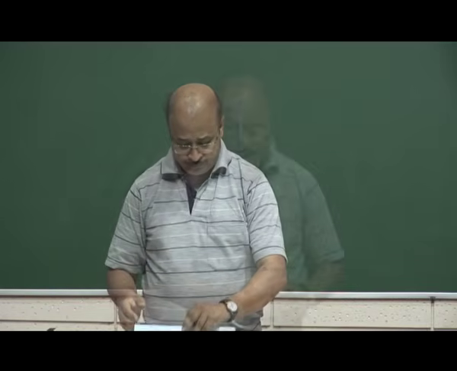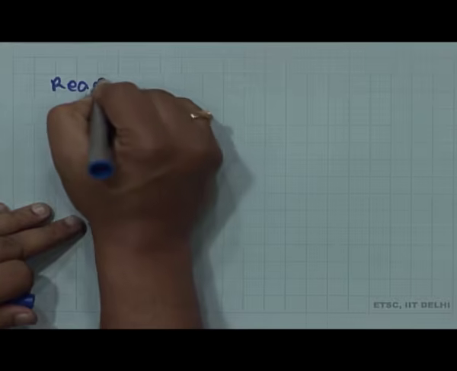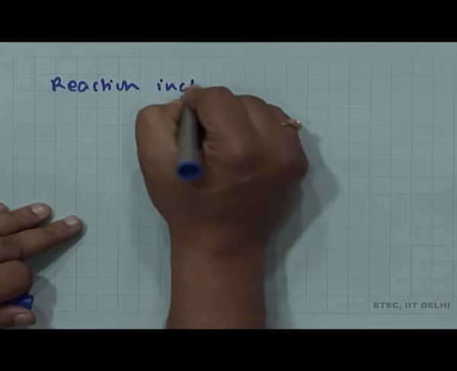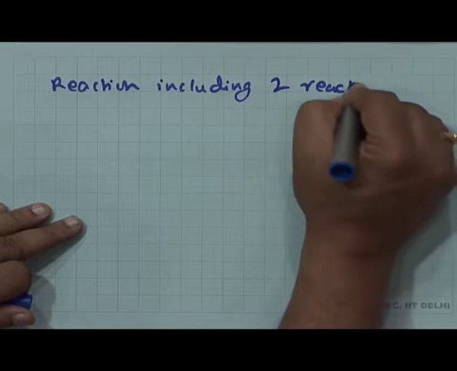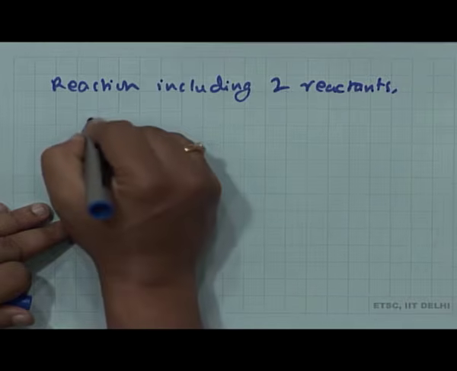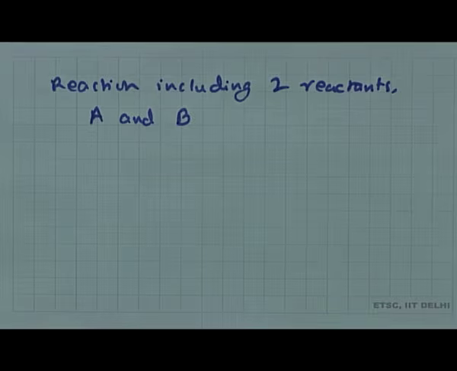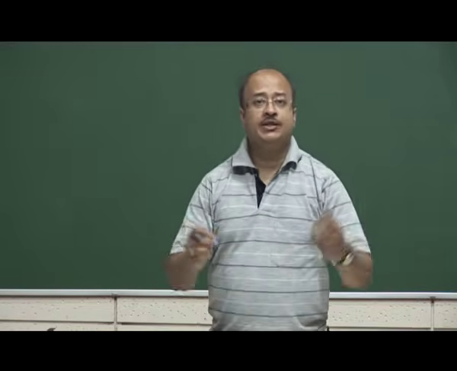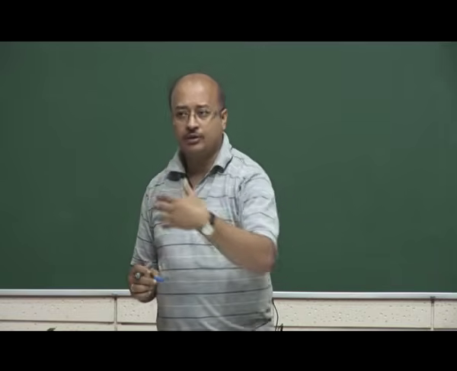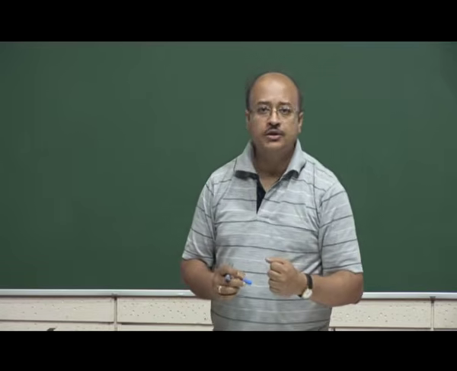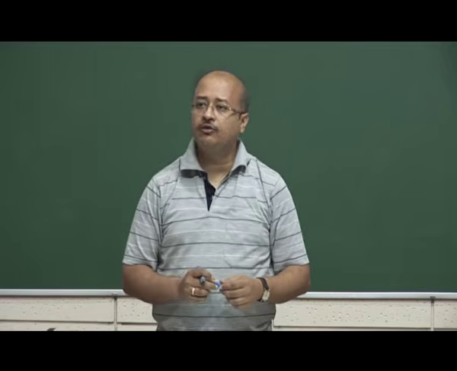Now, suppose I have a reaction including 2 reactants that are A and B. Okay. And what I found out was, by doing an experiment, the ways we try to find out the orders, we will discuss those a little bit later after going to the integrated rate laws and all.